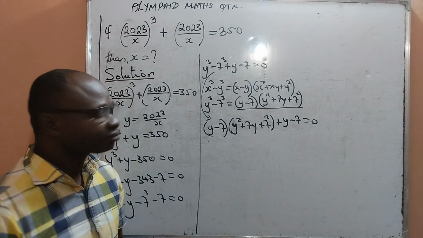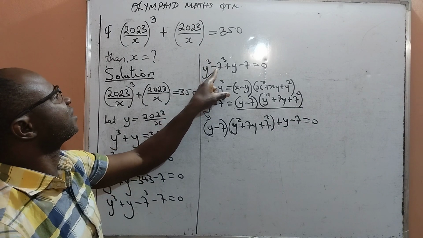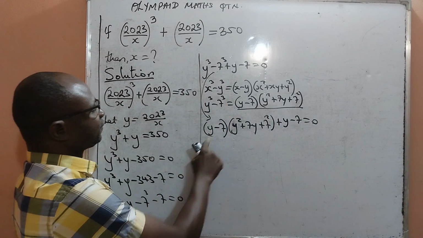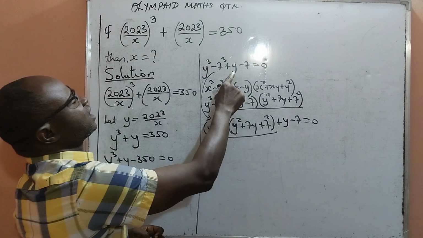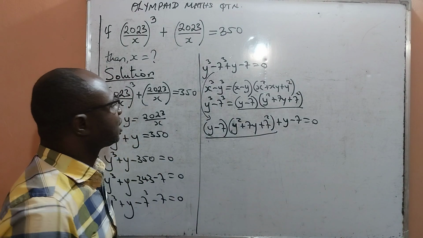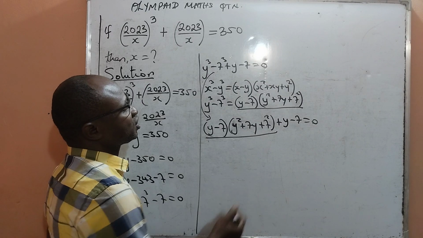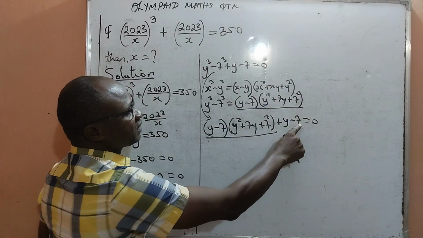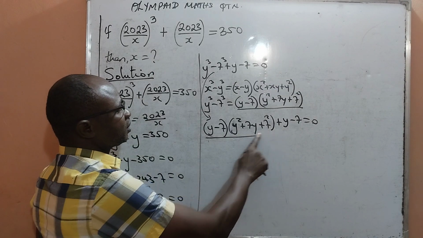Very correct. That is, after representing y^3 - 7^3 in the form of from here to here, I still have y minus 7. At this point you can now see and agree with me that I have what is common here. y minus 7 is here, also y minus 7 is here, meaning that it is very common.